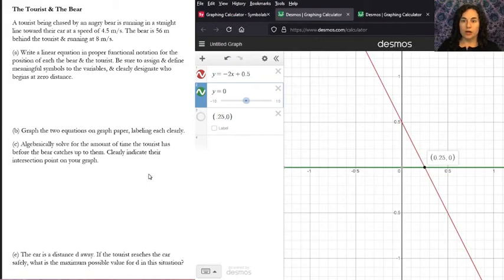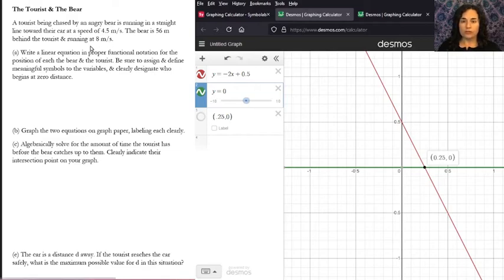It says a tourist is being chased by an angry bear, and they're running in a straight line towards the tourist's car. The tourist is running at a speed of 4.5 meters per second. The bear is 56 meters behind the tourist and running at 8 meters per second.